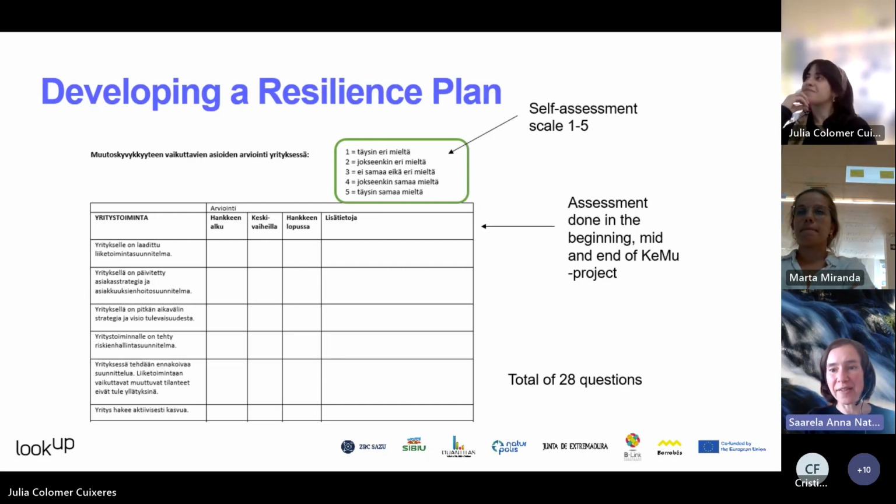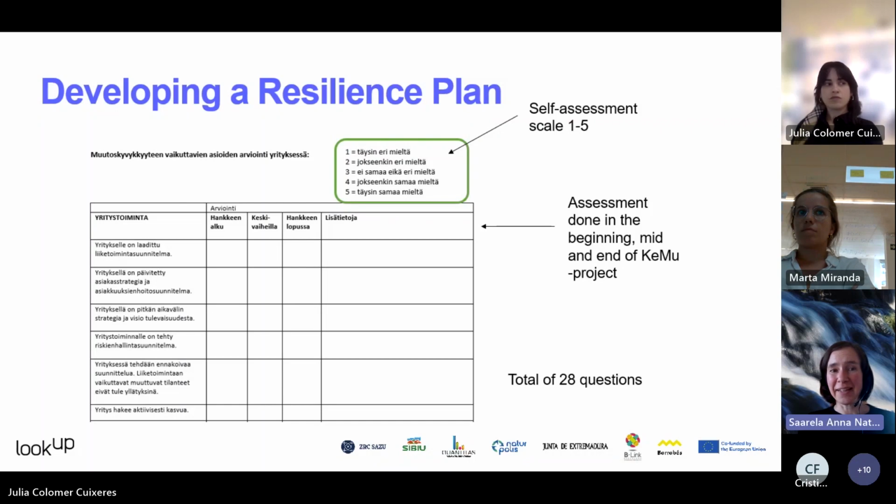This project is about 2 years, so you have 3 opportunities to self-reflect on your company and how things are going. Are they getting better or are they getting worse? And all in all, in the form, there are 28 questions.